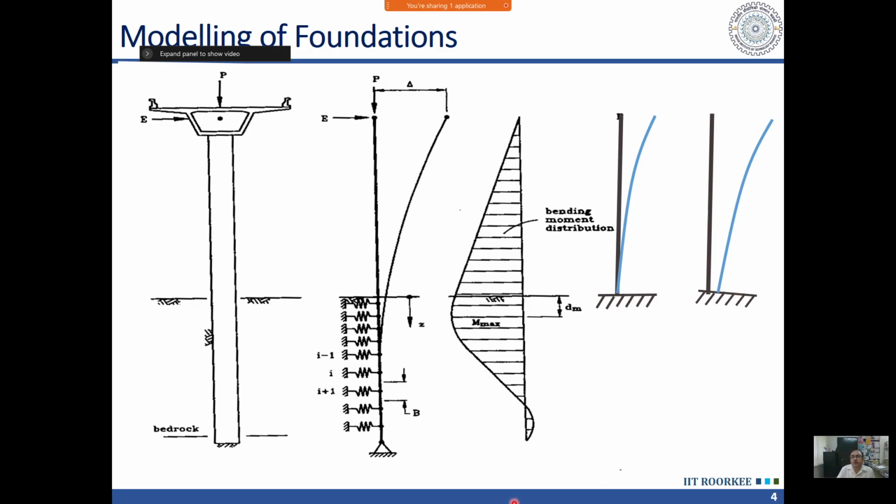The flexibility of the soil, both due to translation and rotation, will cause additional displacement, so the displacement will be underestimated. We have to keep in mind that when we ignore the foundation flexibility, it is alright, on the conservative side, for the calculation of forces, but not for the calculation of displacement. There the foundation flexibility will increase the displacements.